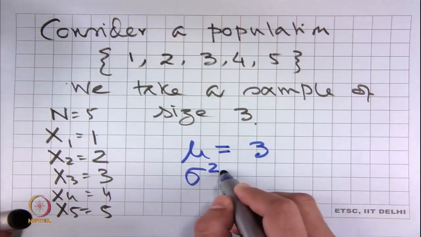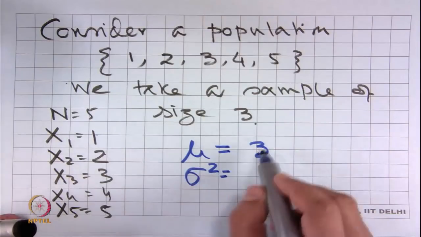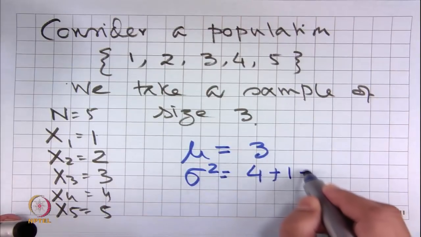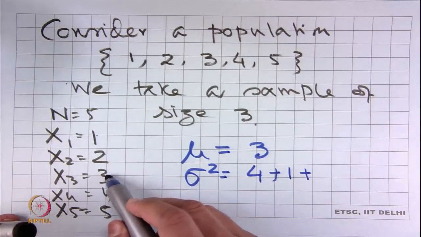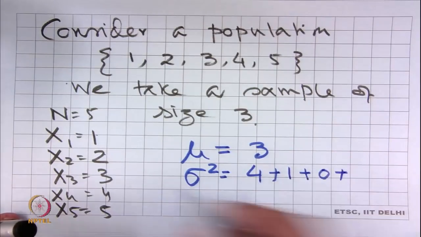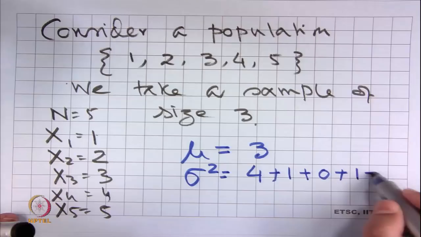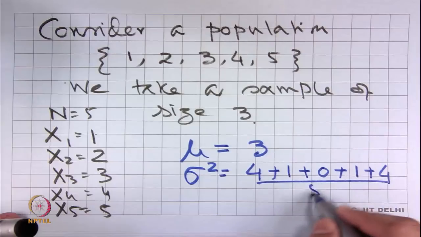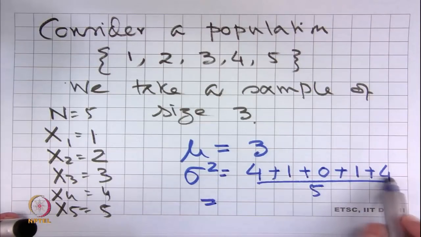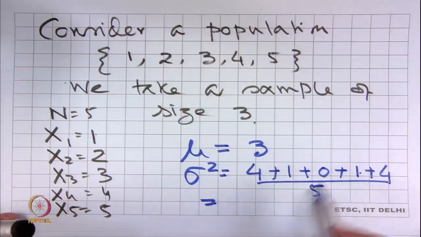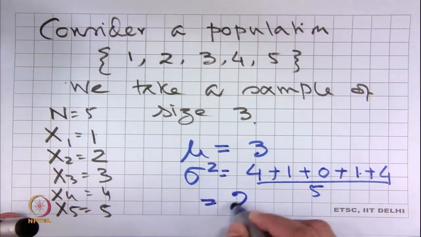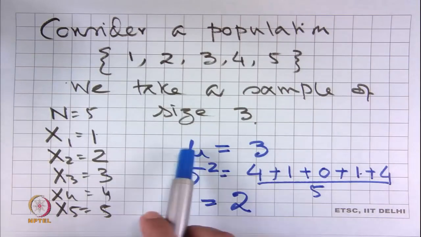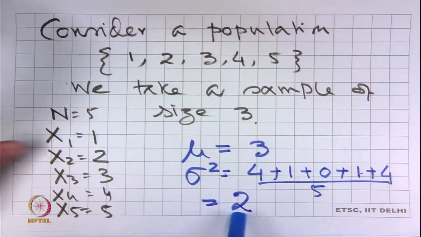And sigma square is equal to 1 minus 3 whole square, which is 4, plus 2 minus 3 whole square, which is 1, plus 3 minus 3 whole square, which is 0, plus 4 minus 3 whole square, which is 1, plus 5 minus 3 whole square, which is 4, divided by 5, which is 10 by 5, equal to 2. Therefore, in this case my population mean is 3 and population variance is 2.